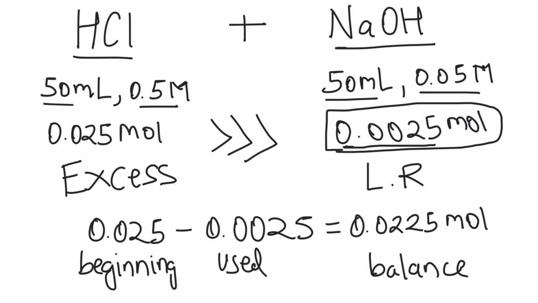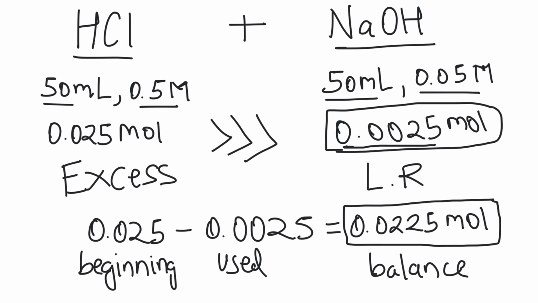And this is a very important number because now you are going to use this number and figure out the last part of your problem, which is asking you to find the molarity of the resulting solution.